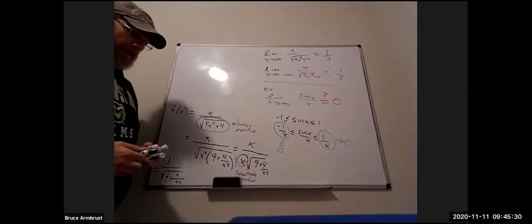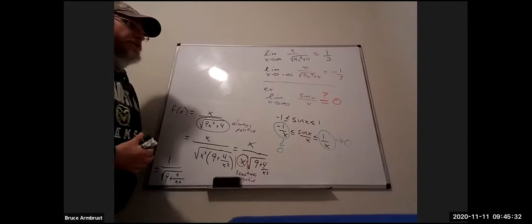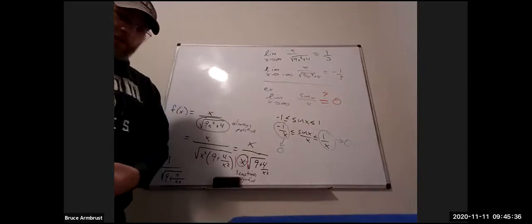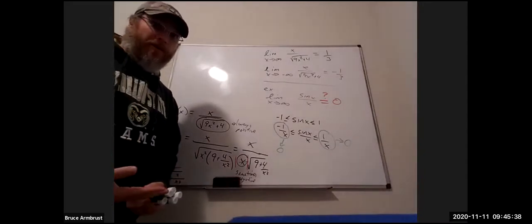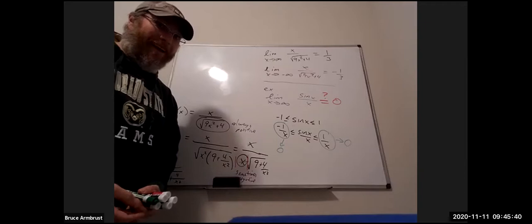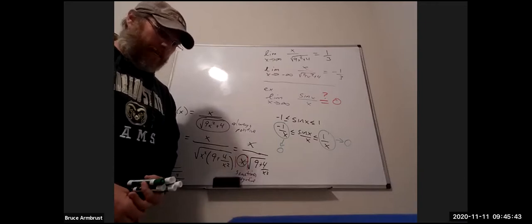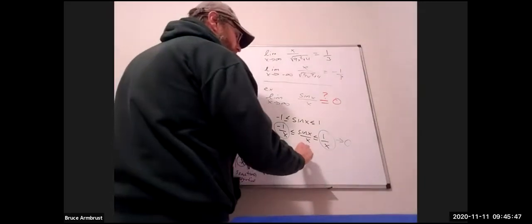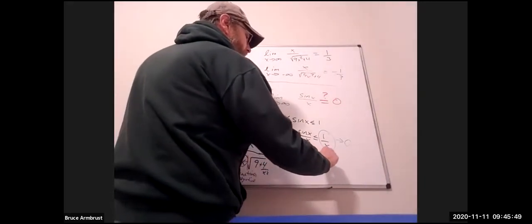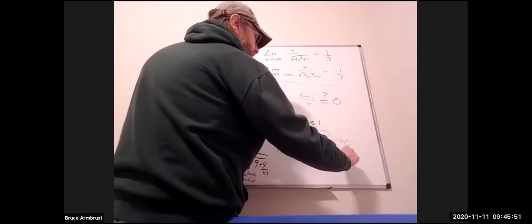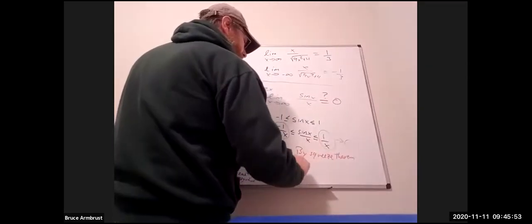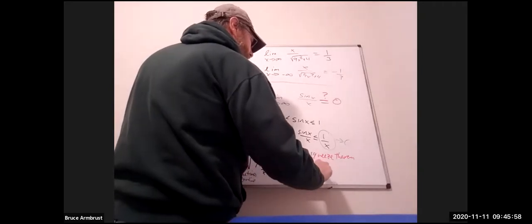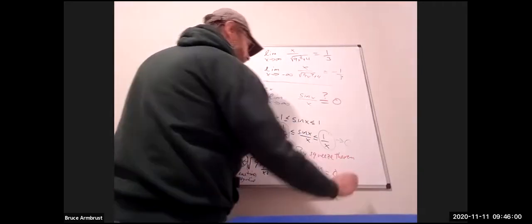All right, well, now we know for sure that sine x over x also has to go to 0 by the squeeze theorem. Remember that guy? It's been a while since we've seen it. By the squeeze theorem, I know that the limit as x goes to infinity of sine x over x equals 0.